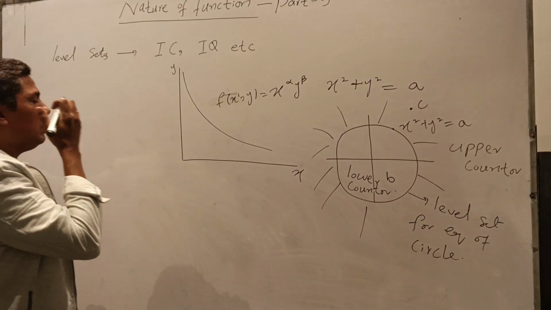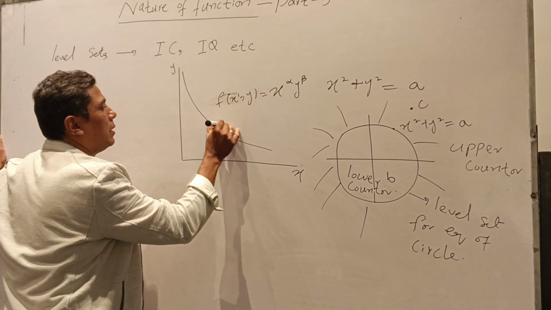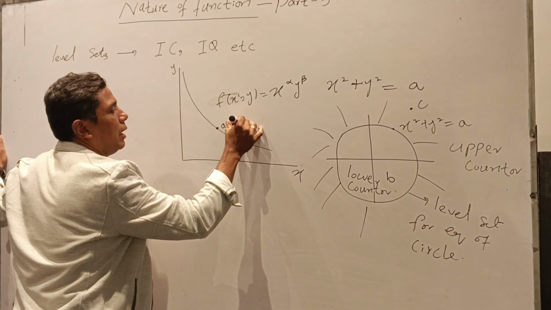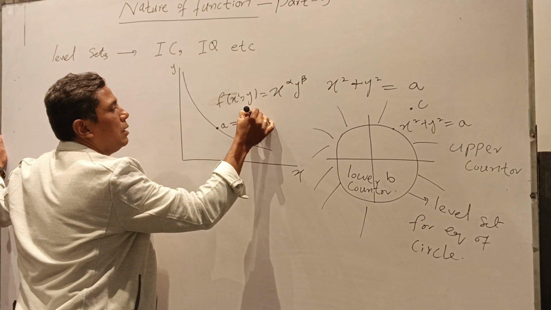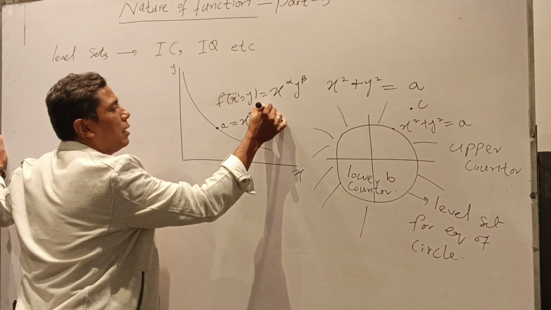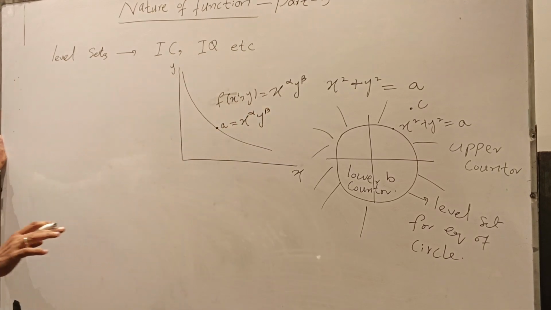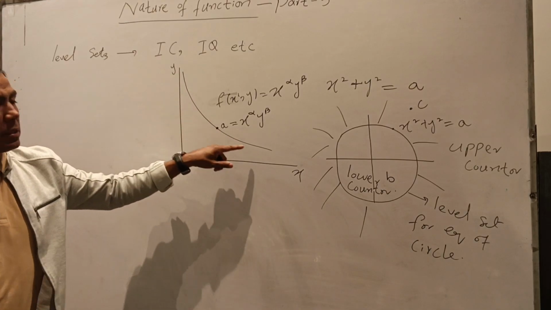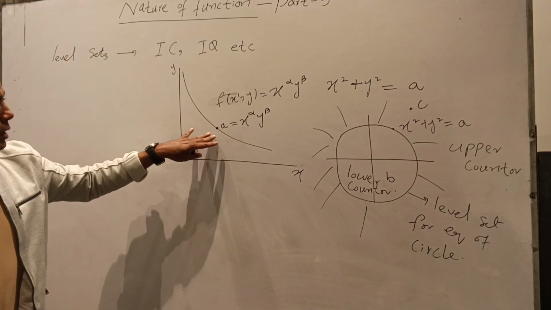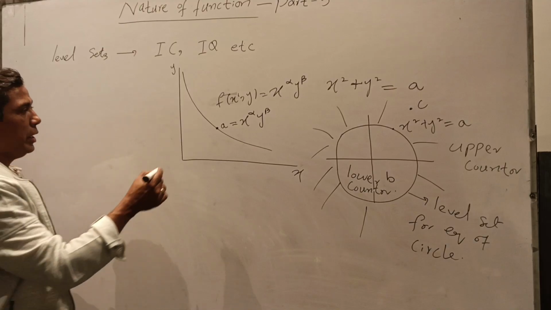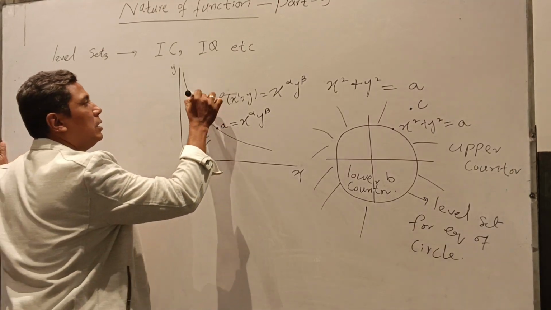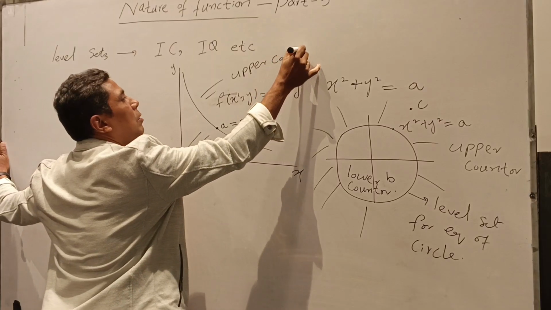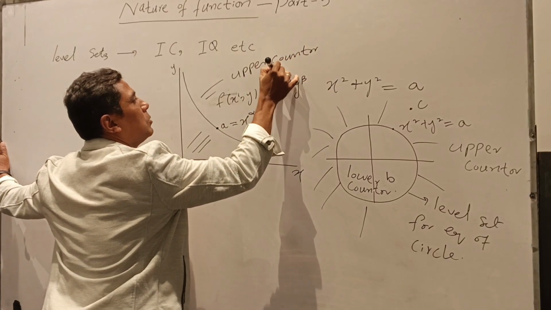Now if we compare that here it is a, we can say that x^alpha y^beta equal to a, all values satisfy this level set. If these are less than this one, it is called the lower contour and this one is called the upper contour. Upper contour set.